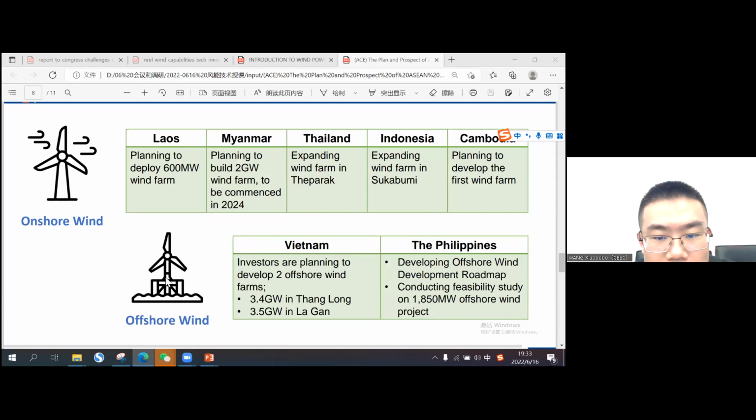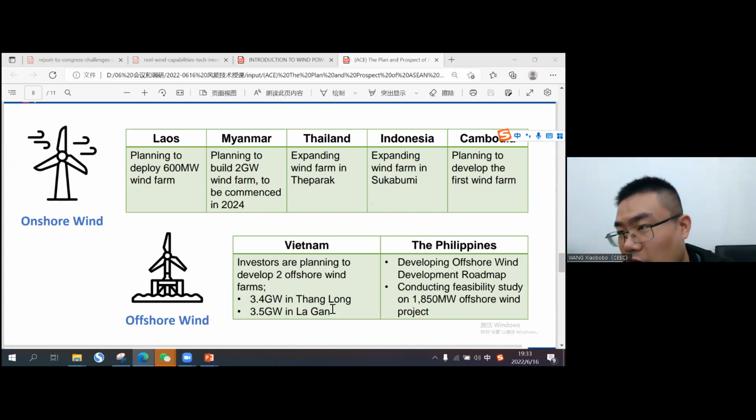In this case, we estimate the offshore wind differently, not in the same category as onshore. Not every Asian country has a seaside, so some countries only have onshore wind installation capability. Vietnam and the Philippines will conduct offshore projects.